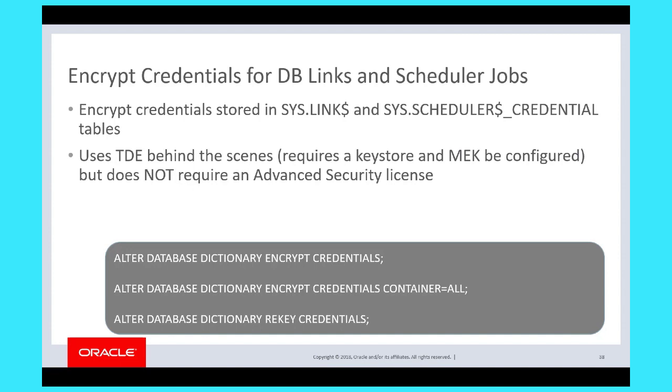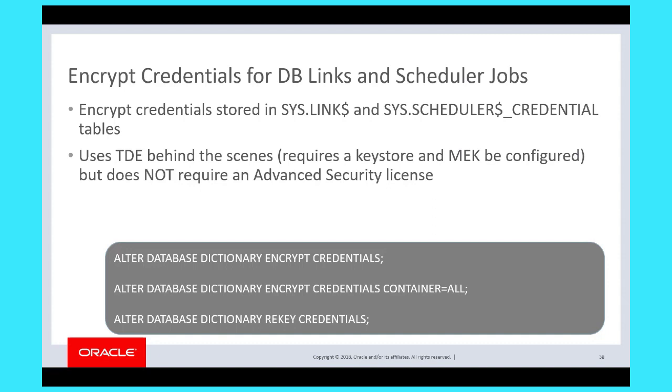For several versions, we have obfuscated the data that's in those tables. It's not easy to just go out and read them, but at some point the data was still there. It was an unencrypted format, and so if you had access to those tables, you could go in and find usernames and passwords. What we've done in 18C is you can now encrypt that data so that it is harder for someone to get at.